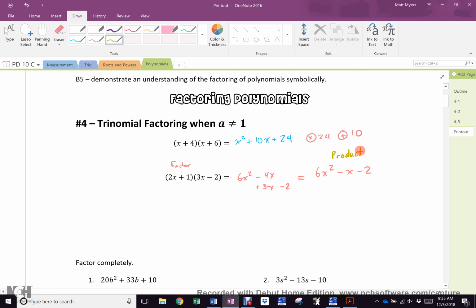Which means, since it started as factors, there must be a way to factor this. Because we have the answer right here, don't we? Right? Now, if I can factor this, does this look similar to that? How? Describe the similarities to me.